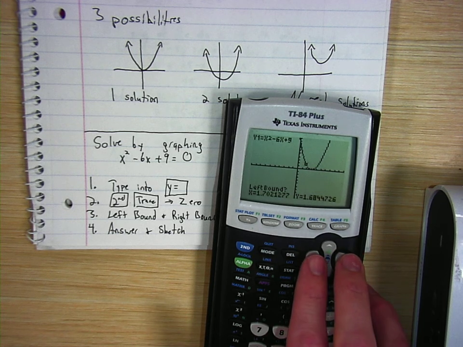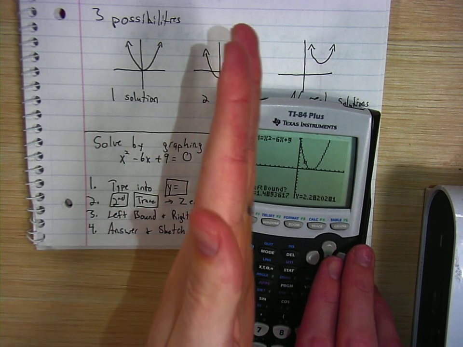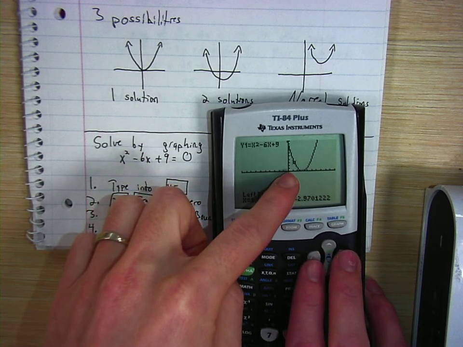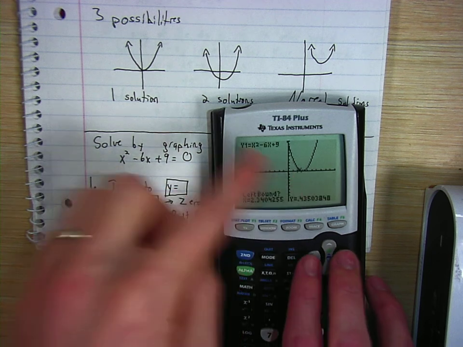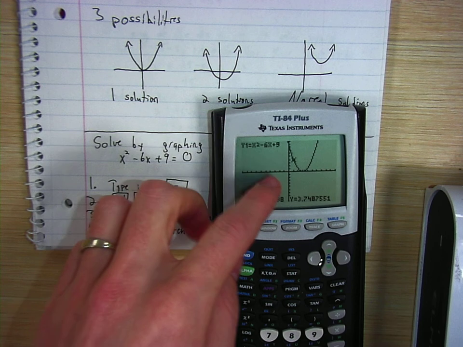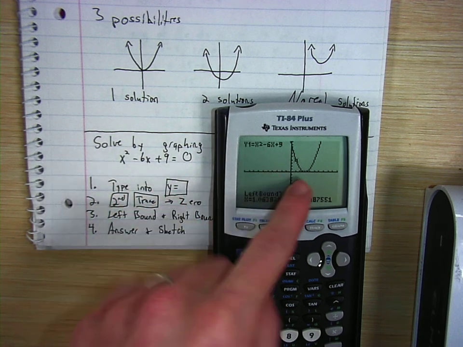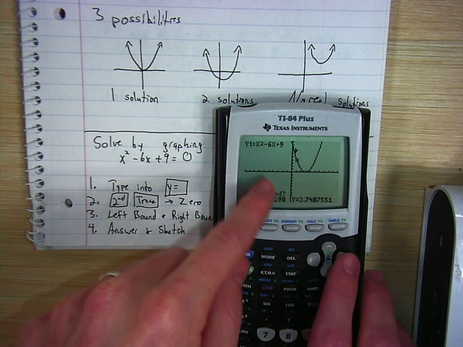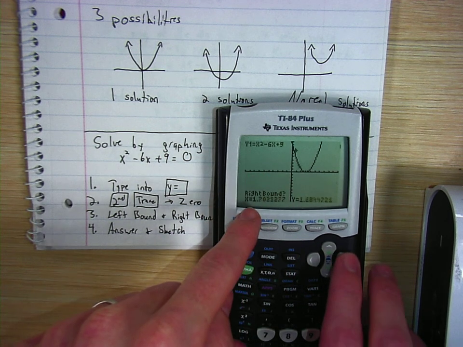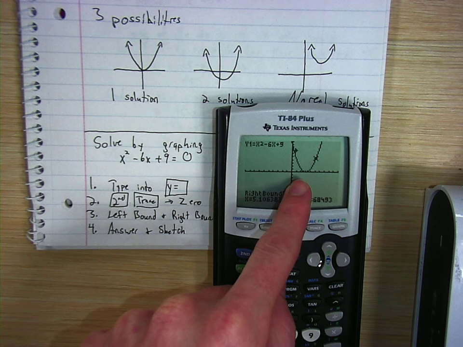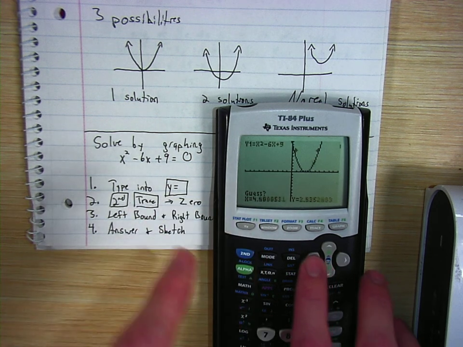Alright, so left bound. You want your little spider dude to be on the left side of the 0. Then hit enter, just anywhere over here. See, he's on the left side of where I think it's going to be. Right bound. Scoot your spider dude over here to the right side of where you think your 0 is. Then it's going to ask you for a guess.